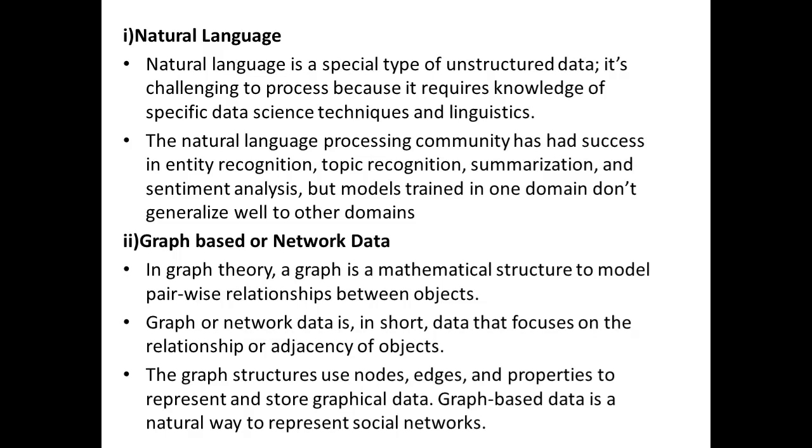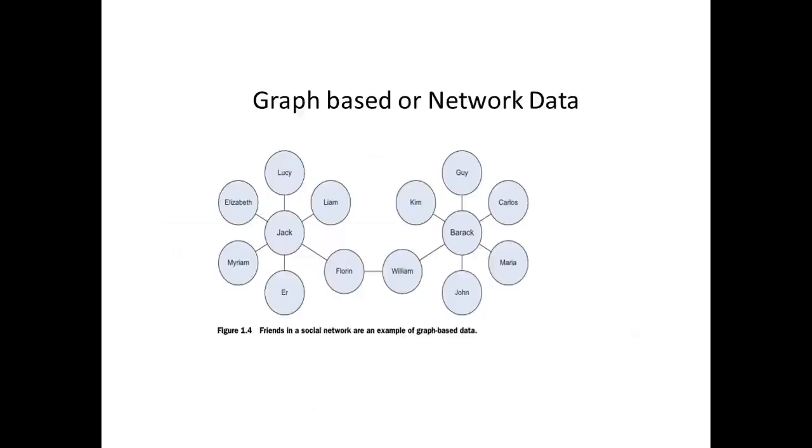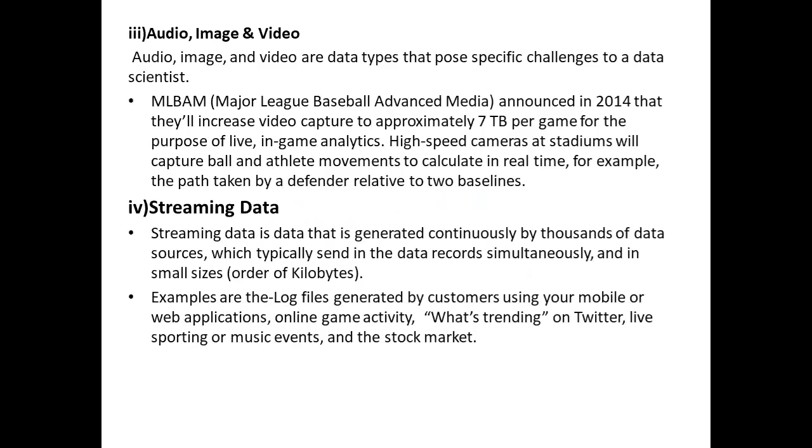Graph-based data is a natural way to represent social networks. In this example, everything is represented in nodes and edges. Here, Florin and Williams are in different networks, but the people are linked in some way. So friends on social media are an example of graph-based data.